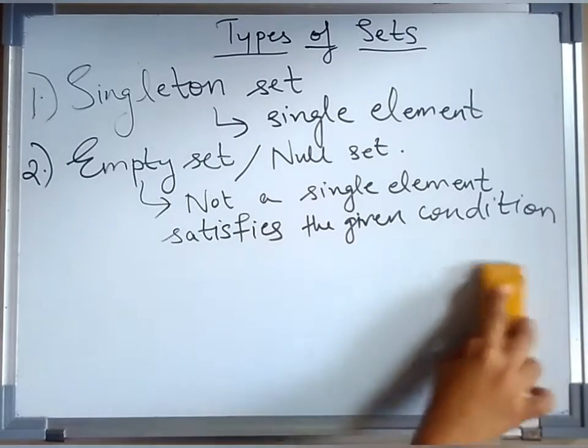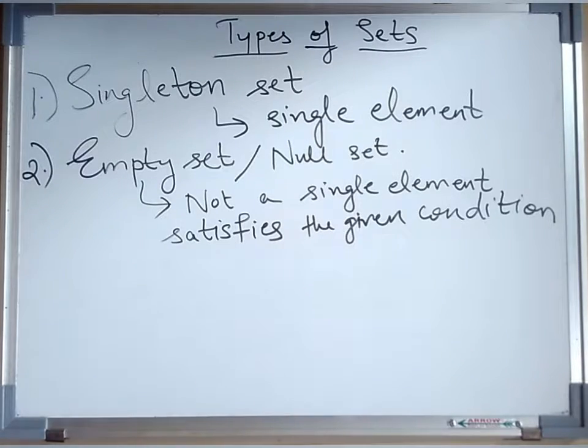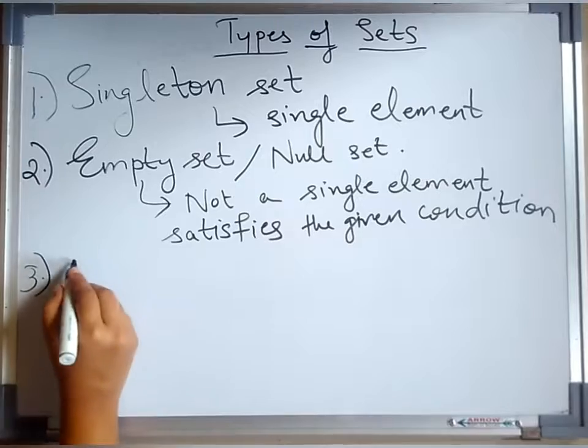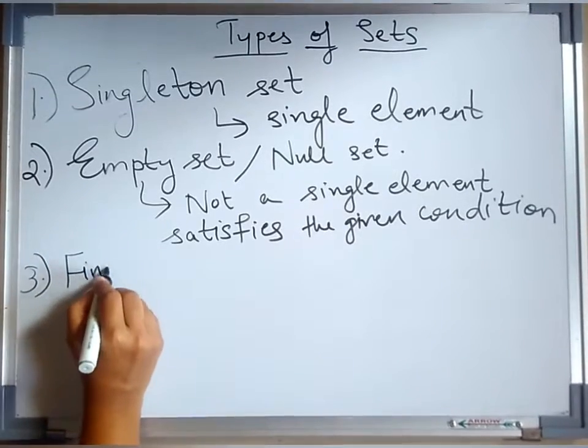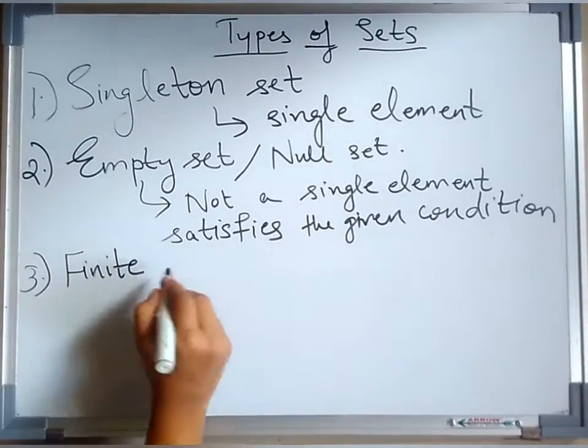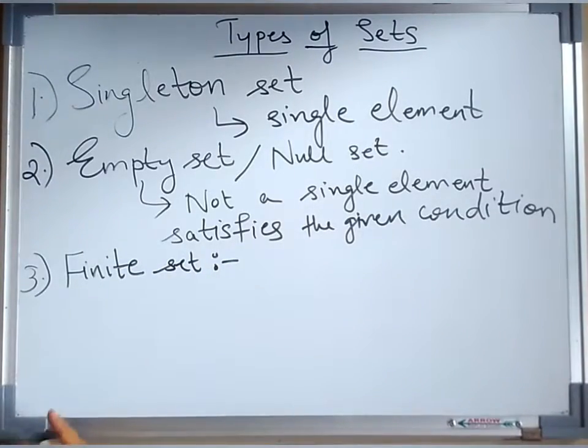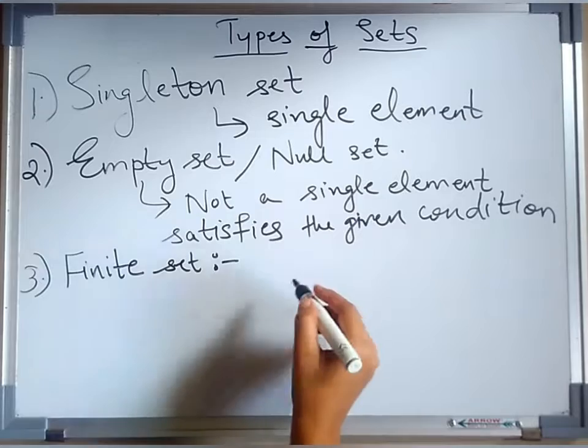Next basic type is finite set. So what all sets come under this?